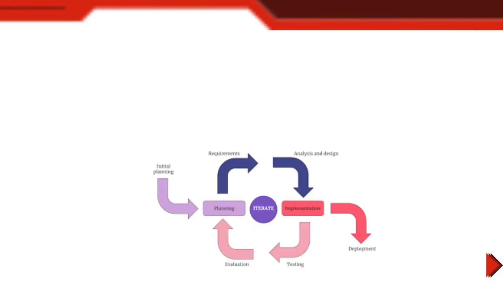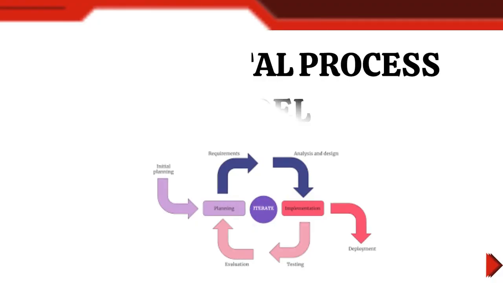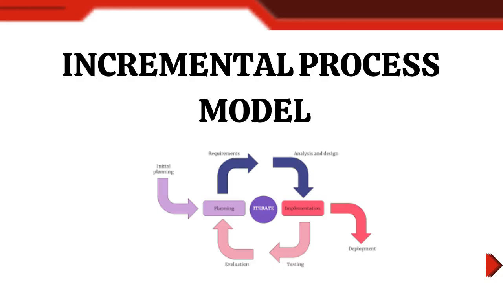In today's video, we are going to learn about the Incremental Process Model, another important approach in the software development life cycle. Unlike traditional models that deliver the complete system at once, the incremental model builds and delivers the software in small, usable portions called increments.